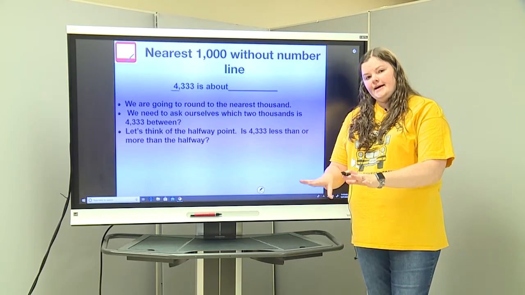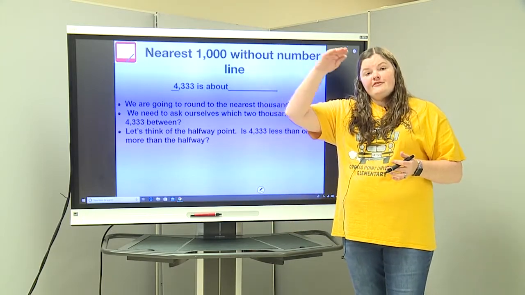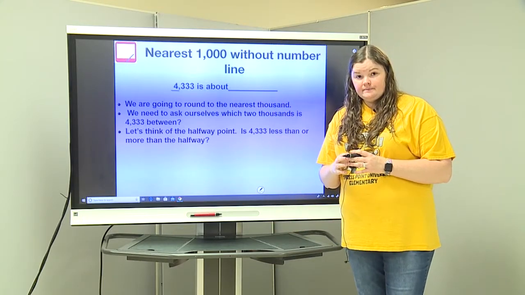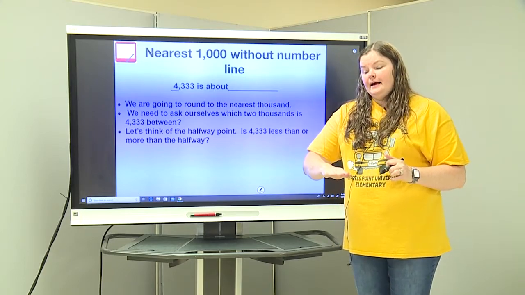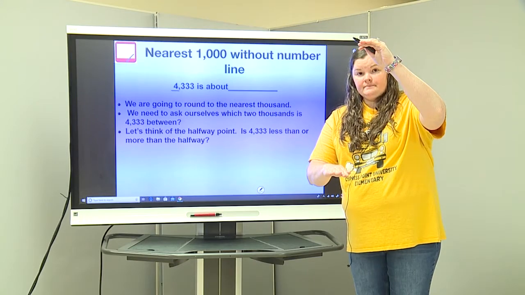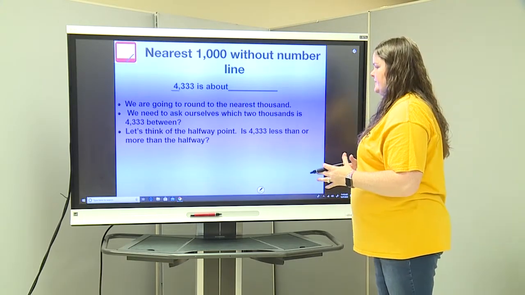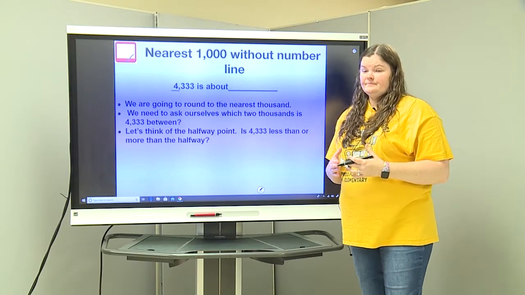So 4,000 would be my bottom end point, and then 5,000 would be my top. So let's visualize that. I've got 4,000 at the bottom end point, 5,000 at the top. But I still need to figure out what would be in the middle between 4,000 and 5,000.